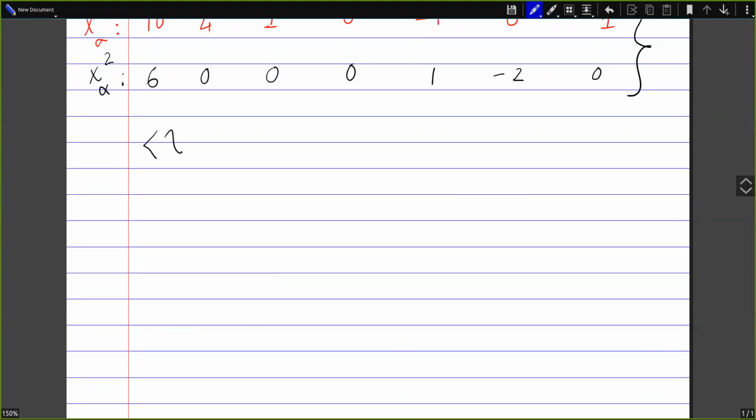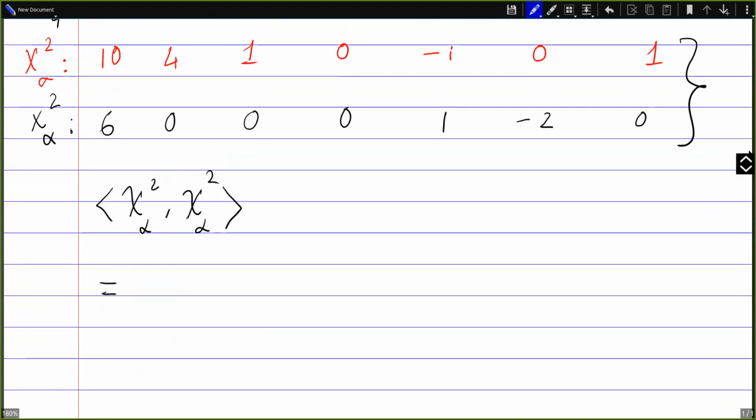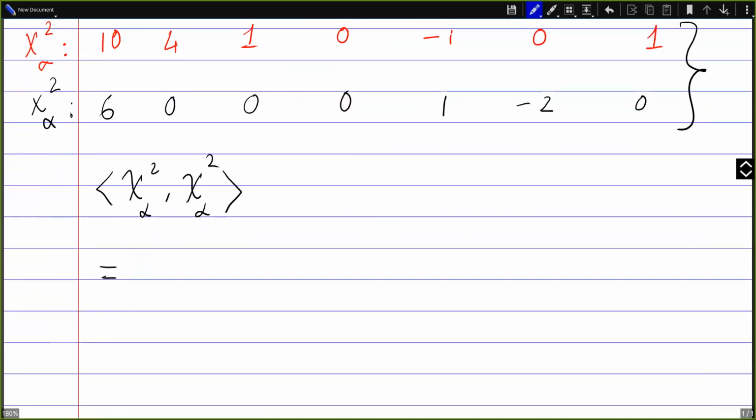That is, first let's see what happens to the inner product of chi alpha square with chi alpha square. So what is the inner product?